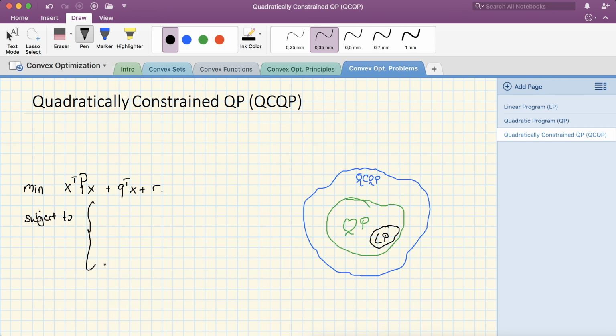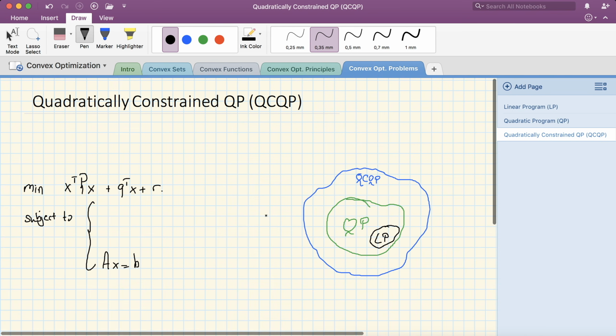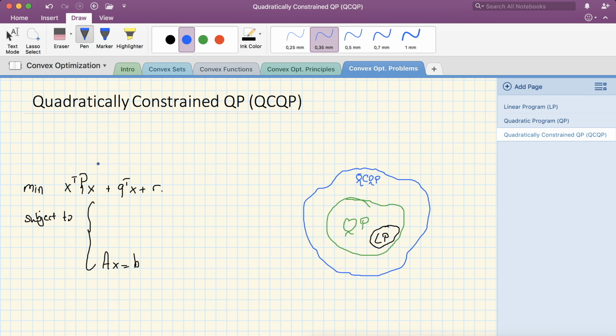We've still got the affine constraint of the QP, right? This is still here, as well as the cost function, which remains unchanged. However, your linear inequalities now become quadratic inequalities. That is, you've got m quadratic inequalities. Quadratic, hence they follow the same structure as the cost function. So the difference is right here.